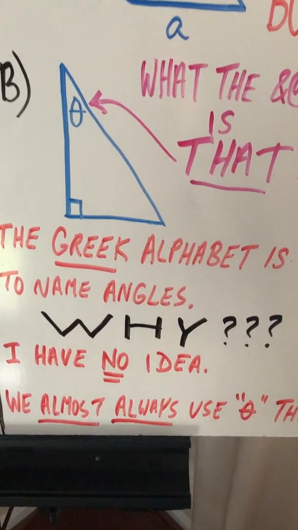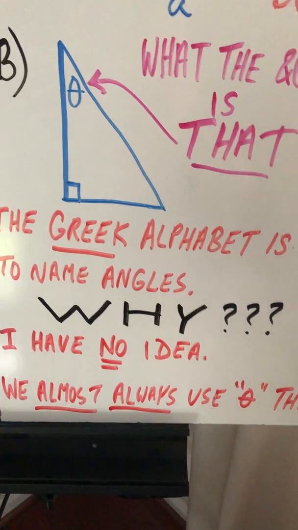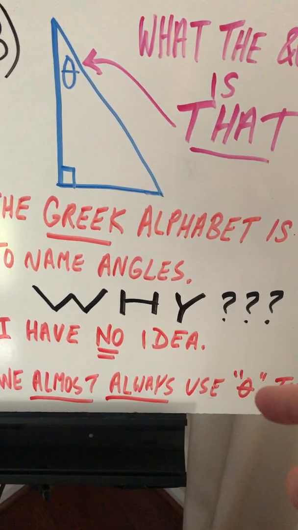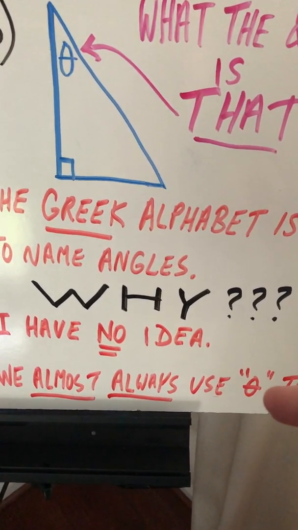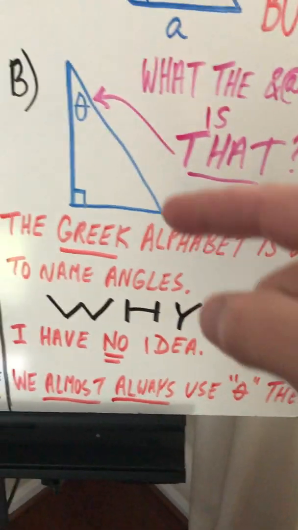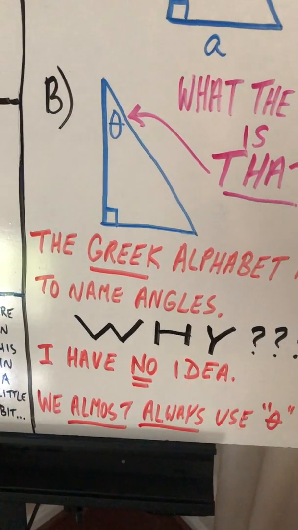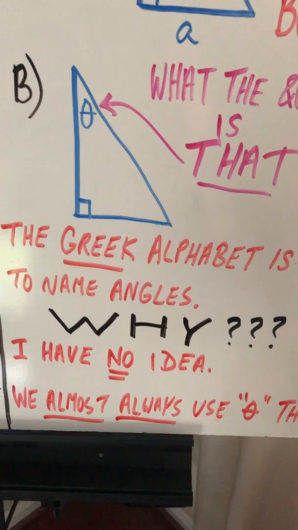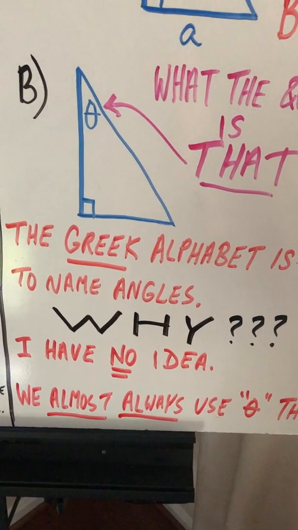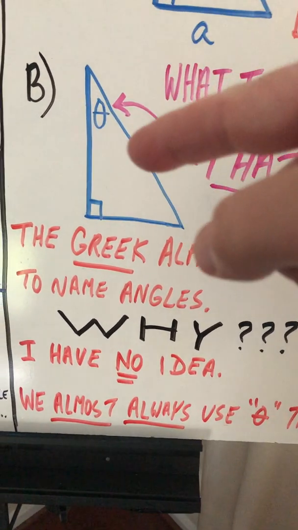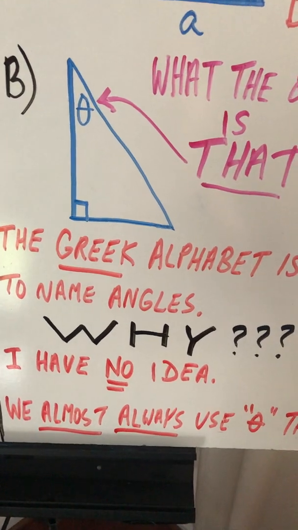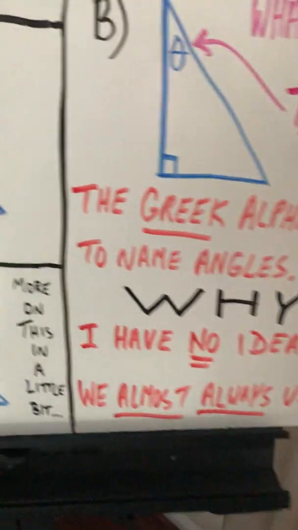Why? I have no idea. We almost always use theta. This is called theta, to name angles. So for today's examples, we will be using the Greek letter theta to name an angle.